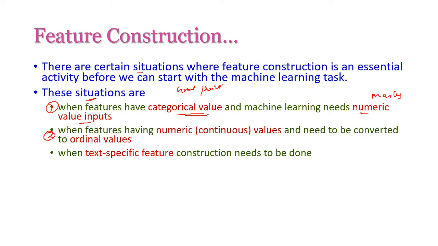The second situation is if the feature has numerical continuous values and needs to be converted into ordinal values. In that situation we need to extract a new feature. And the third, when text-specific feature construction is needed, then we need to create a new feature. So these are some of the situations in which we have to create new features in our data set.